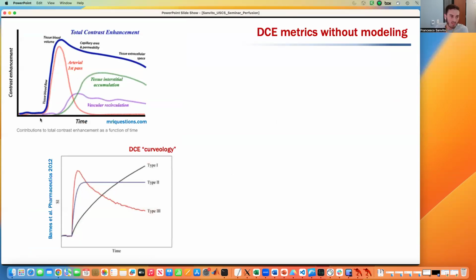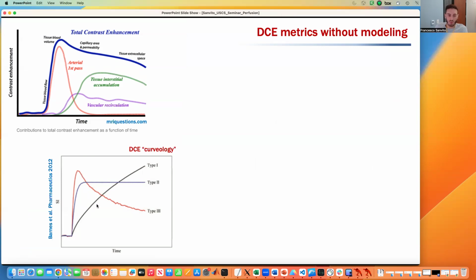So if we look at the time intensity curve, we can already have some information by simply looking at this fourth dimension, because we know that there is a first early peak that has to do with the vascular component, whereas if the leakage is slower, there's going to be more of a delayed signal intensity spike.